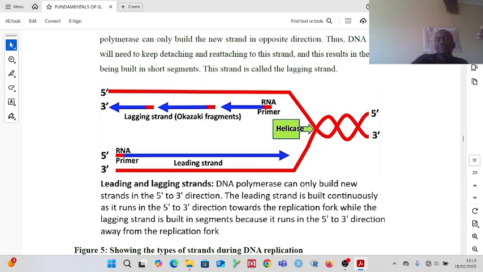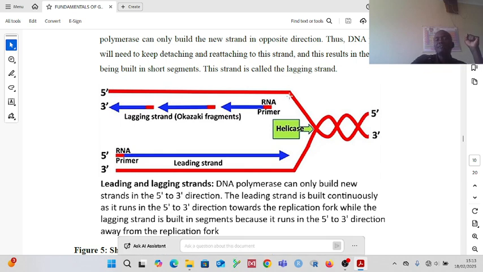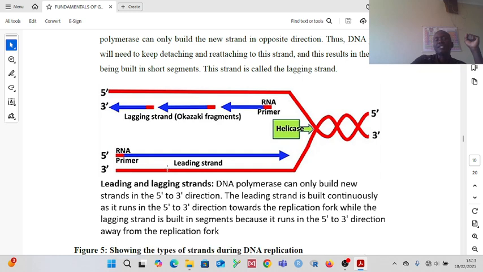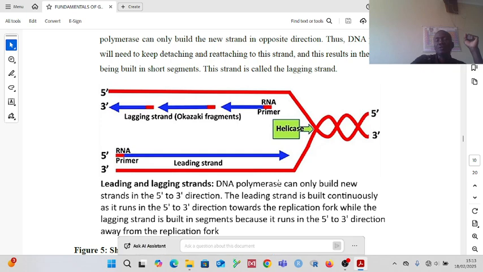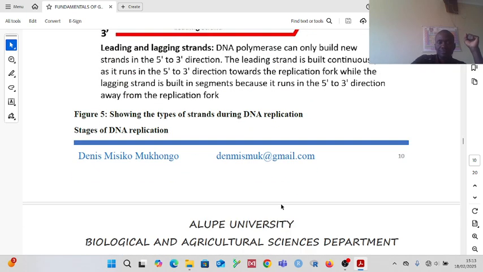We call them the nucleases. These enzymes will come and cut out the RNA primer, because it was not part of this. You have a nuclease. If it is cutting from outside, it is an exonuclease. If it's cutting from inside, it becomes an endonuclease.